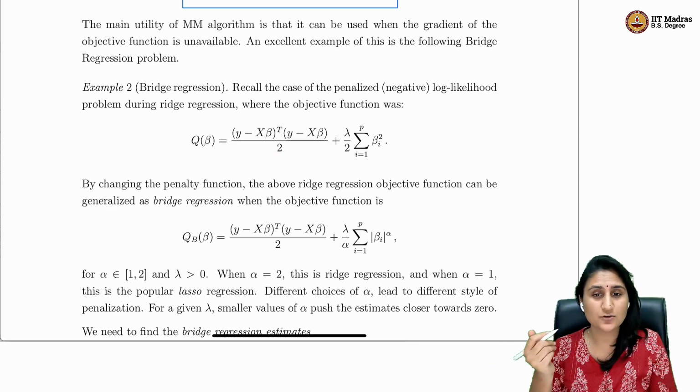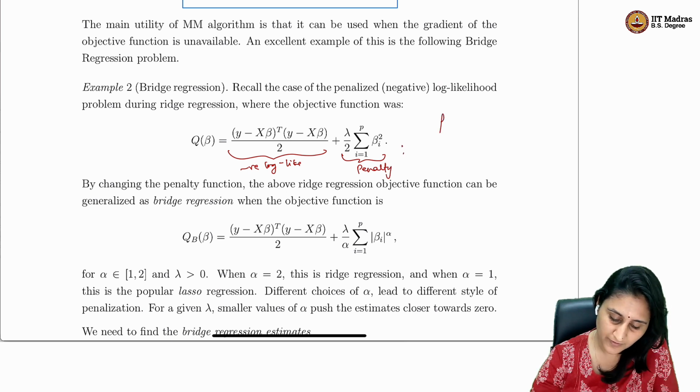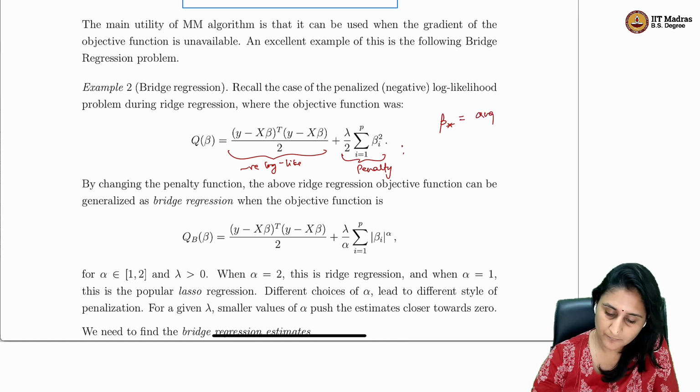This was our loss function, or this was basically our negative log likelihood. And this was our penalty term, right? And our goal was to find beta star or beta penalized by minimizing over the parameter space q beta, right?